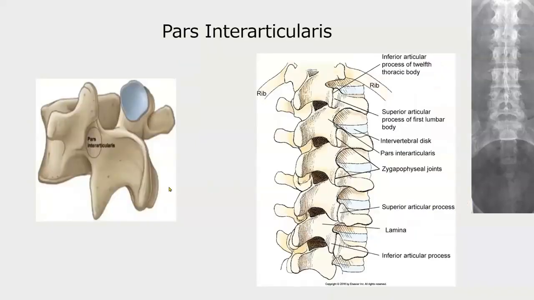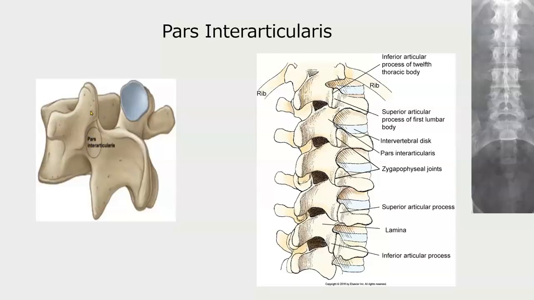So, first of all, orient yourself. The picture on your right is an oblique of the lumbar, looking off towards the right side, way over here. And this image of one vertebra is looking off to the left, so they're opposites. So try to orient yourself. So we have our body up front, transverse process, superior facet.